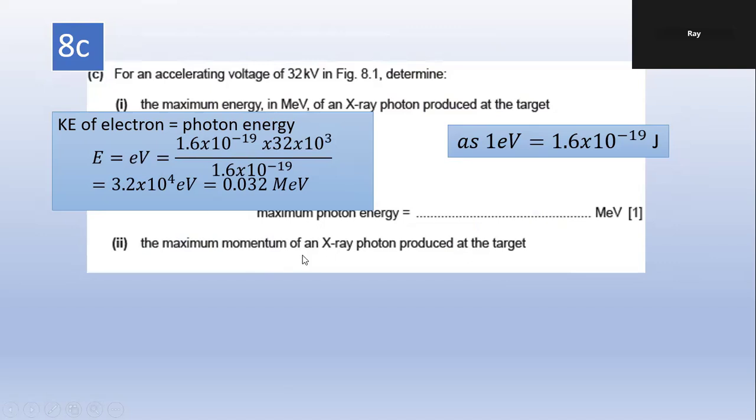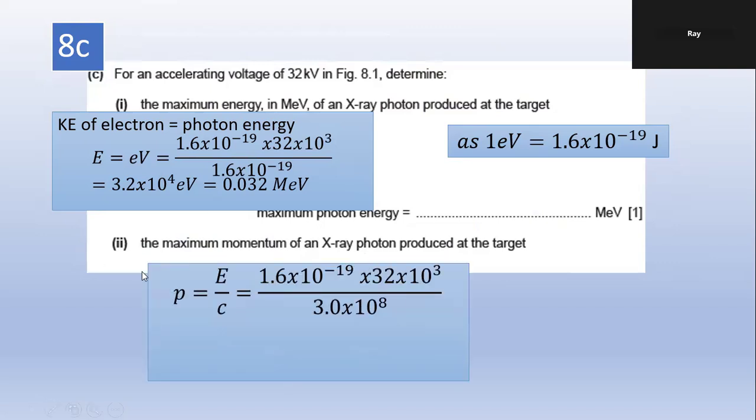The maximum momentum of an X-ray photon produced at the target. How are we going to do that? This one you have to use a formula from AS: p equals E over c, with E in joules. E is 0.032 times 1.6 times 10 to the power negative 13 joule.